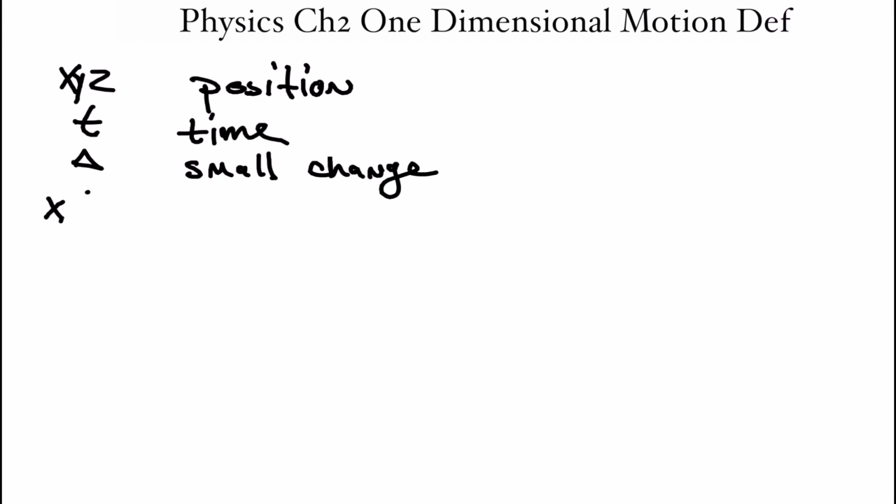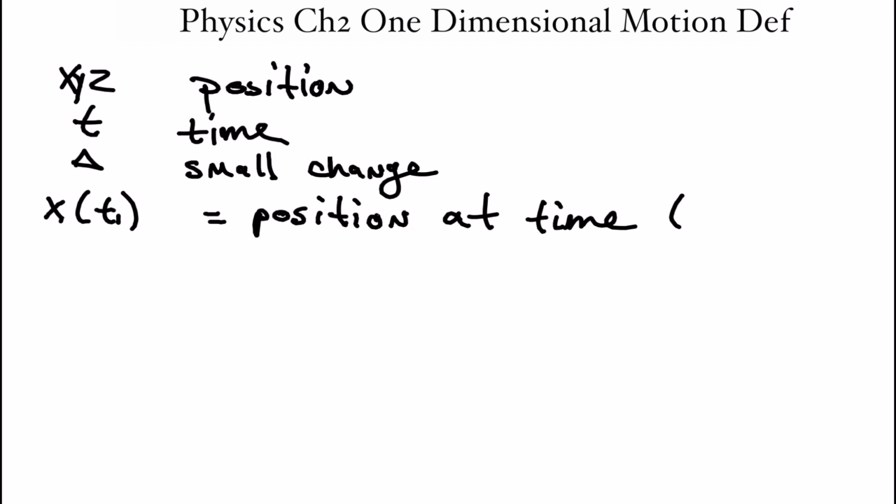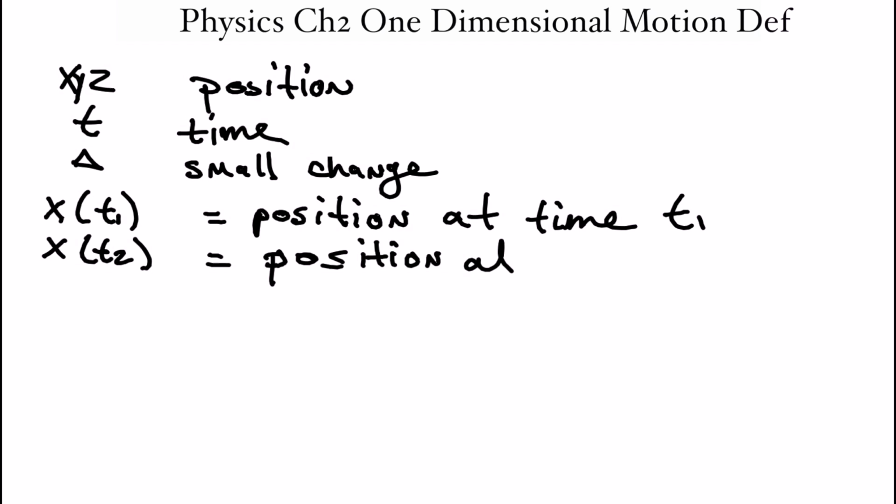If you see x of t1, this just means position at time t1. If you see x of t2, this means position at time t2.